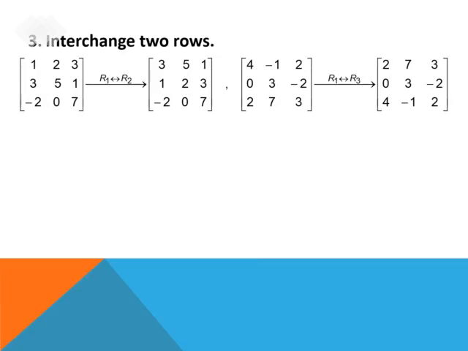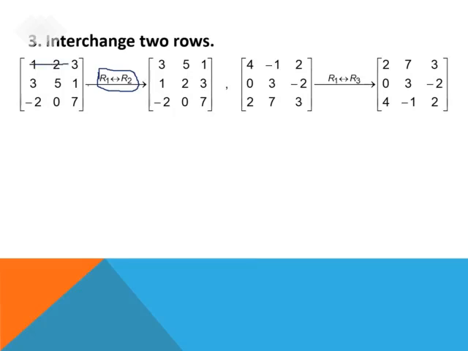next. Number 3, we interchange two rows. Because we interchange, we cannot put this arrow at a certain row, so we just put it in the middle. And to write down the operation is like this: row 1 interchange with row number 2.